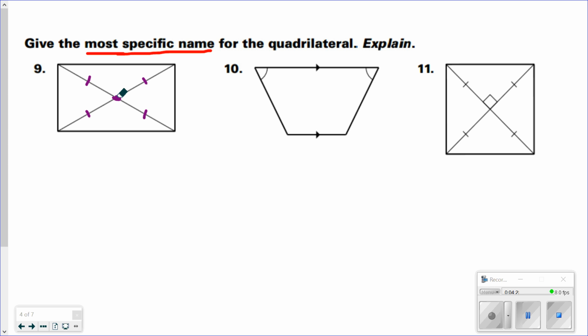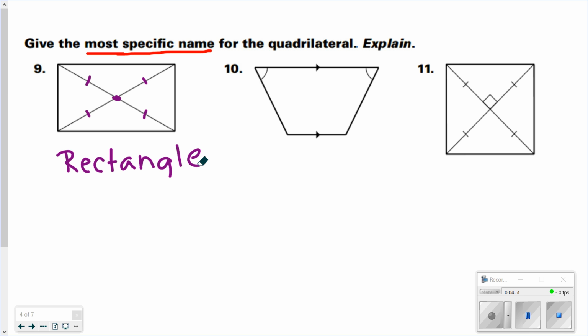So since that's the only thing that we know from the previous slide when we had all of our properties, we know that a rectangle, a square, an isosceles trapezoid, we know that the diagonals are congruent. Since we only know that those diagonals are congruent, the only one we could say that this is would be a rectangle. We are unable to say that this is a square.